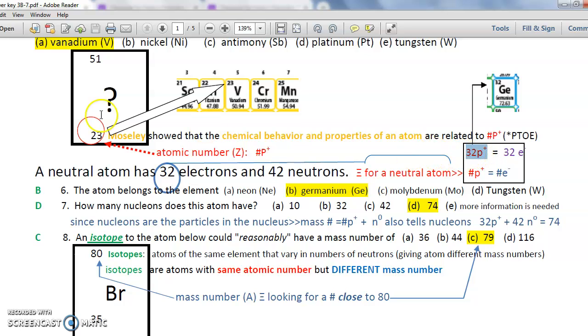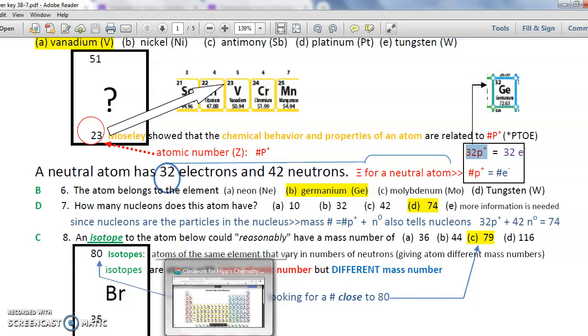And we know from Moseley that the chemical behaviors and properties of an atom are related to protons. It's the number of protons which earns the atom placement as an element on the periodic table of elements. So we're looking for an atom or elements that have atoms with 32 protons. That would be germanium.